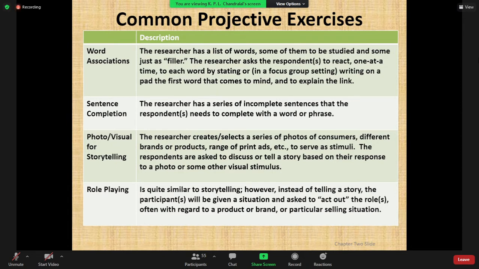Then role playing means, again, you give a kind of scenario, maybe a campaign handling scenario. If you explain this sort of service problem, service issue, how you would act. So please show us how you would react. So we ask a person to play a role in a particular situation.